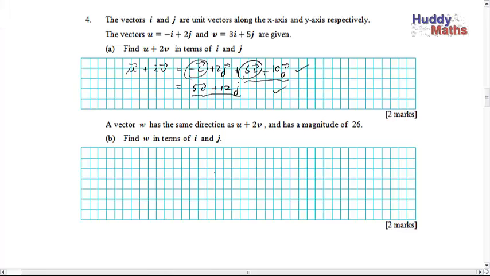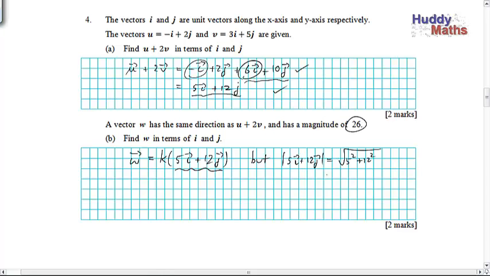A vector w has the same direction as u plus 2v, and has magnitude 26. Find w. So w has to be some multiple, because it's parallel, same direction, as your answer in part a. But now we better look at the length of this vector, because we want to make a vector of magnitude 26. That'll tell us our k size. So the size of 5i plus 12j is the square root of 5 squared plus 12 squared.